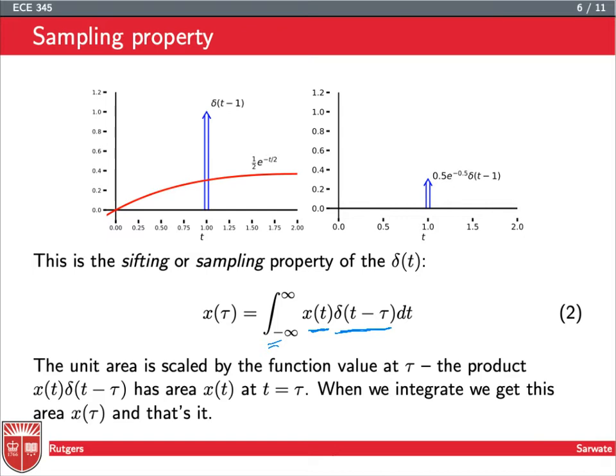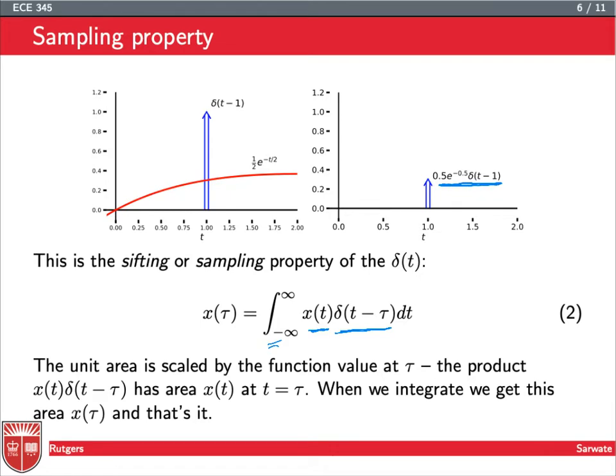What we have plotted here is our delta function for tau equals 1. And here is x of t. When I take the product of these two things, this is x of t times delta of t minus 1. And so we can see here, this is exactly this.